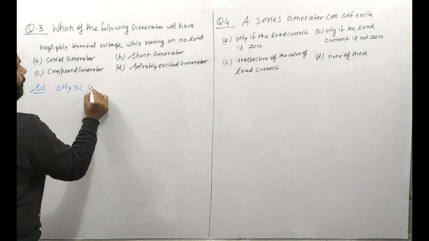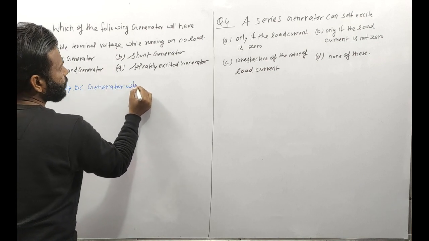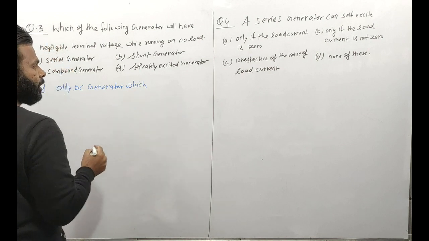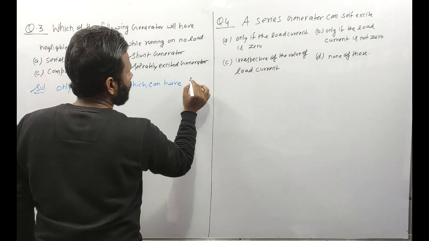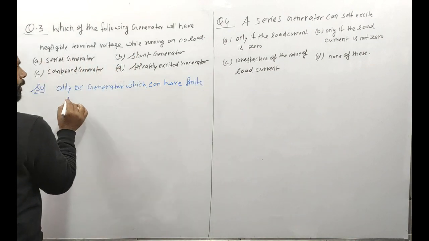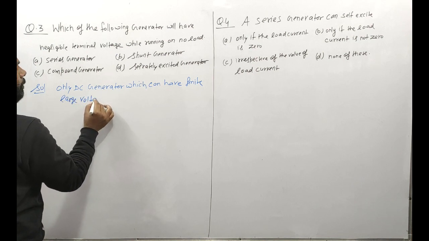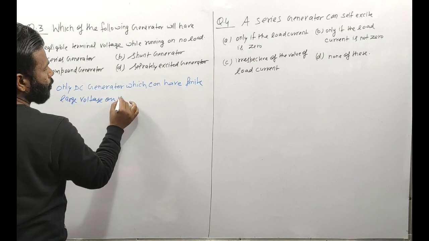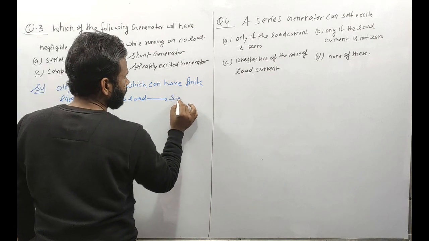the only DC generator which can have finite large voltage on no load is separately excited.